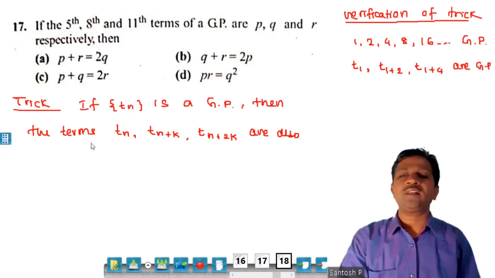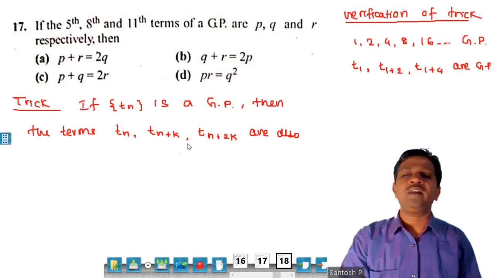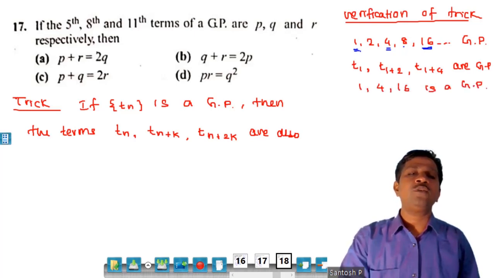This trick says that if Tn is a GP, then Tn, Tn plus k and Tn plus 2k are also a GP. So let us verify. T1 in this case is 1, then T3, the third term, is this 4, and T5 is this one: first term, second term, third term, fourth term, fifth. This is T1, this is T3 and this is T5. Let us verify whether it is a GP or not. 1, 4, 16.